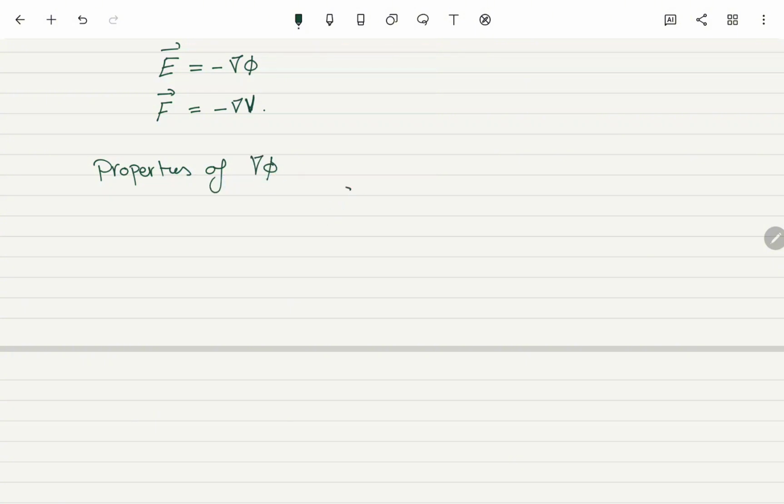If we assume that phi of x, y, z is a constant c, then we have a surface, this is the origin, this is R, and this is P. Phi is some constant here.